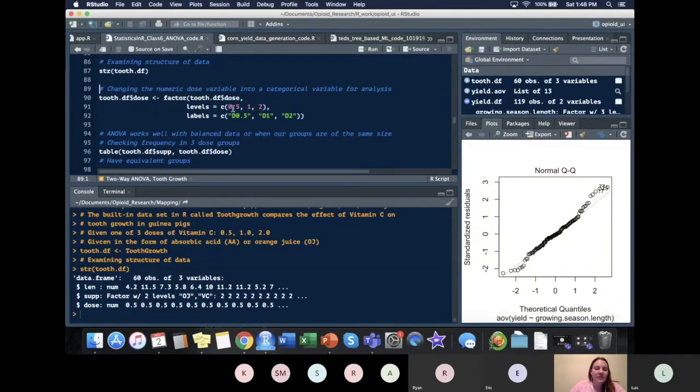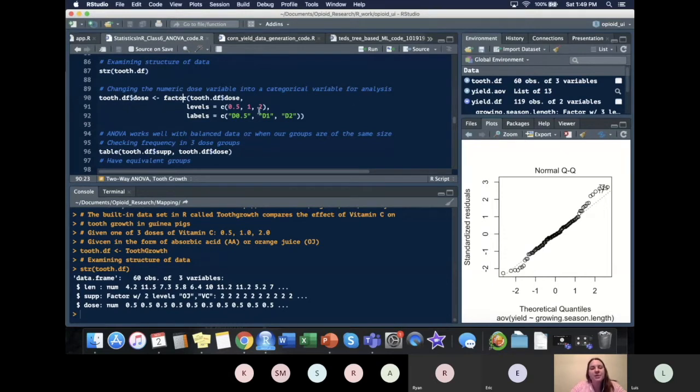So I'm taking our levels, 0.5, 1, and 2, and I'm assigning them to D0.5, D1, and D2, because they're dose. So I think this refers to dose 0.5, dose 1, and dose 2. So we're creating that factor variable.